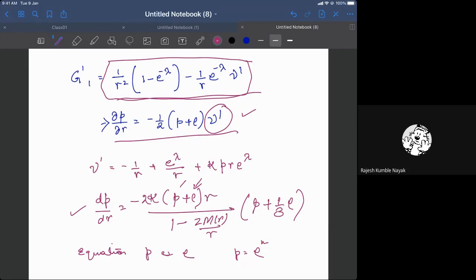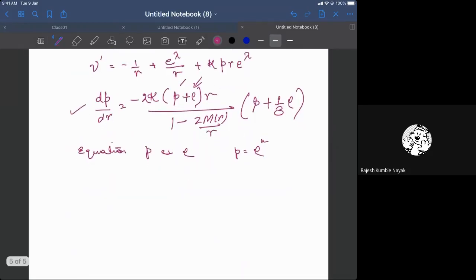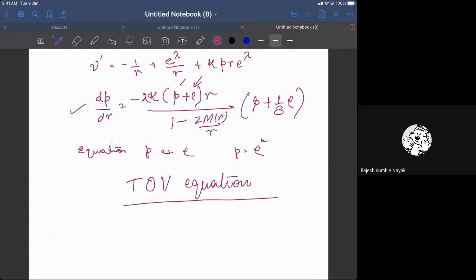So this is what is known as the TOV equation. T stands for Tolman, O stands for Oppenheimer, and V stands for Volkoff. So these three gentlemen are associated with these two differential equations.